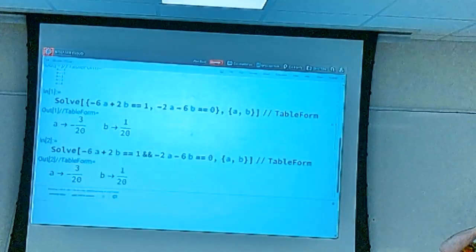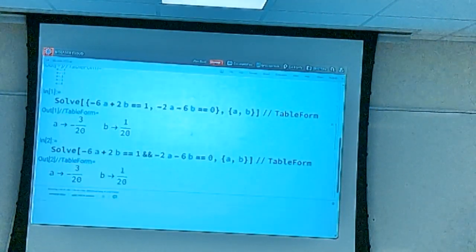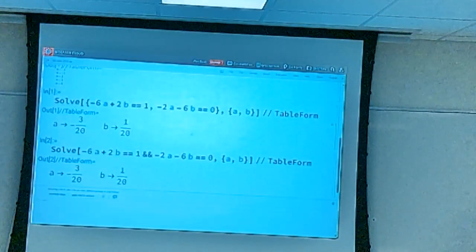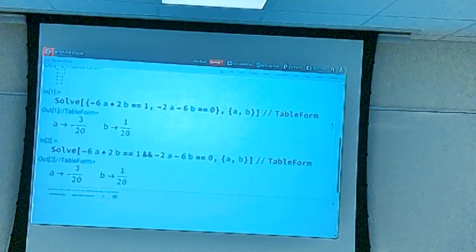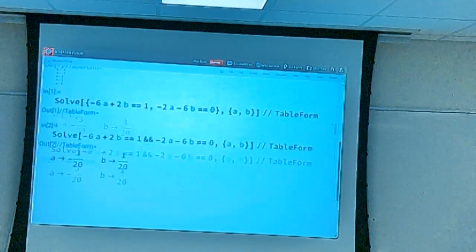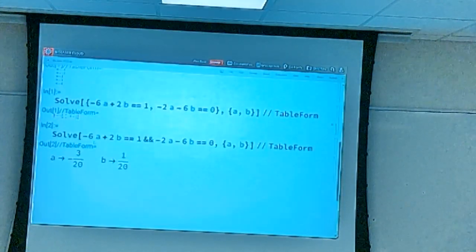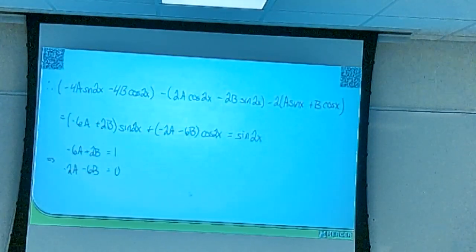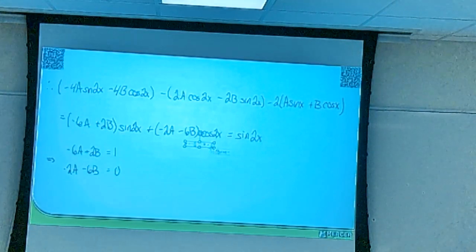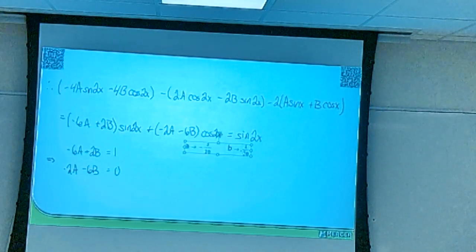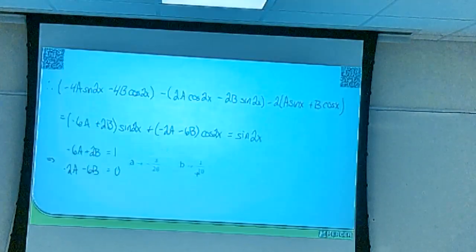And if it was a system of like 4 equations, same thing, either braces, each equation separated by a comma, or outside of braces, each equation gets separated by a double ampersand. For some reason, it cut off the top, whatever.